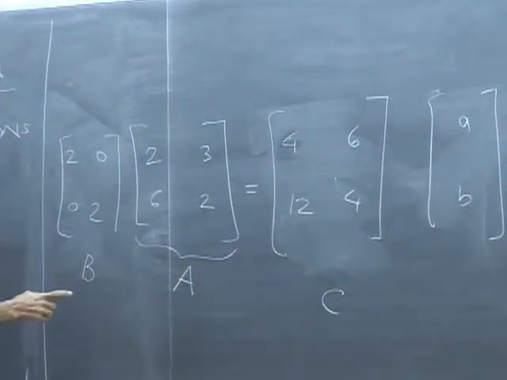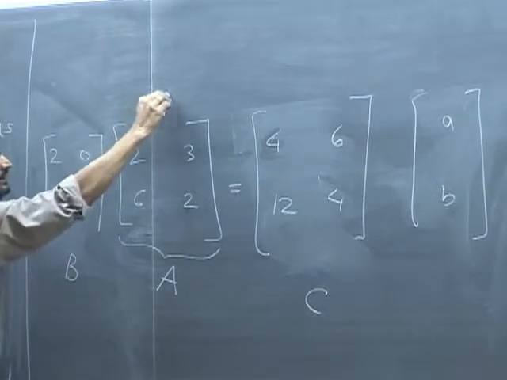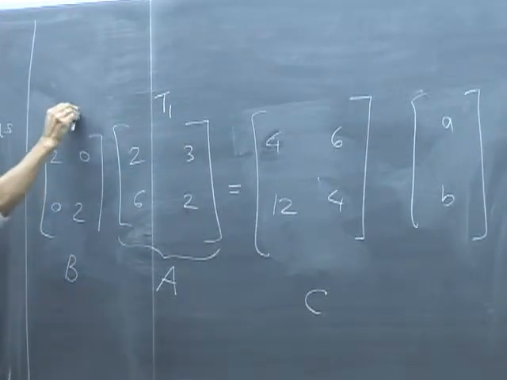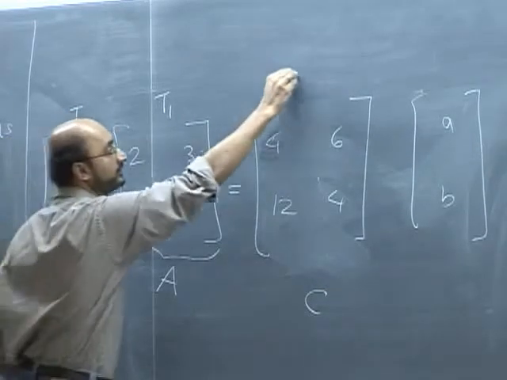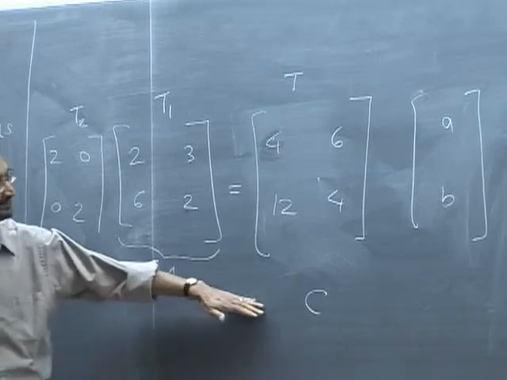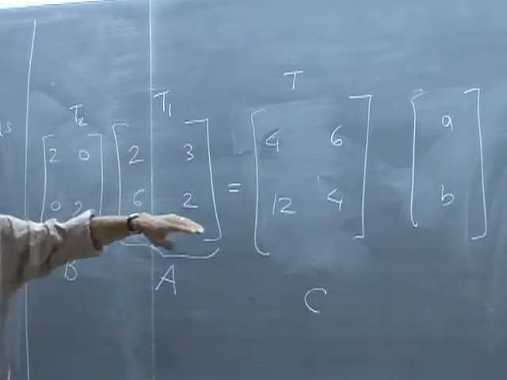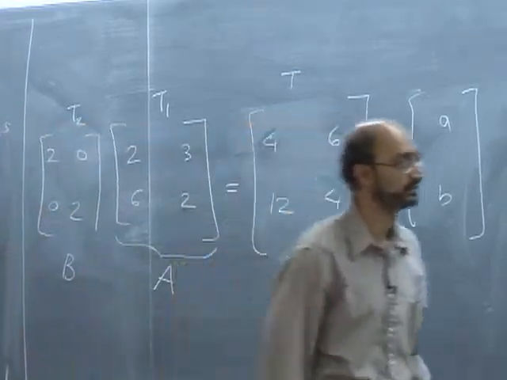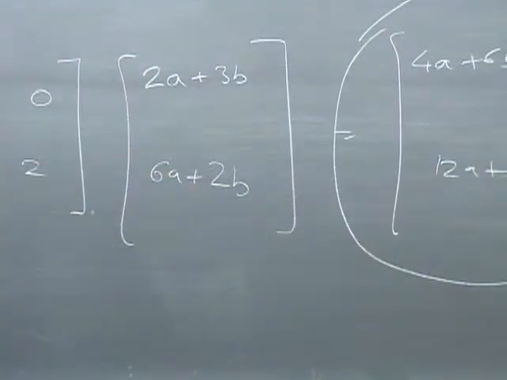So just to repeat, this was the matrix A we started out with. Let's call that transformation T1, and this is the second transformation T2. The combined transformation, let's call that T, is given by the matrix product of T2 and T1. Then the effect of applying C on the vector ab is the same as applying the two transformations one after the other, because this was the first transformation, this is the second transformation, and we got the same result.